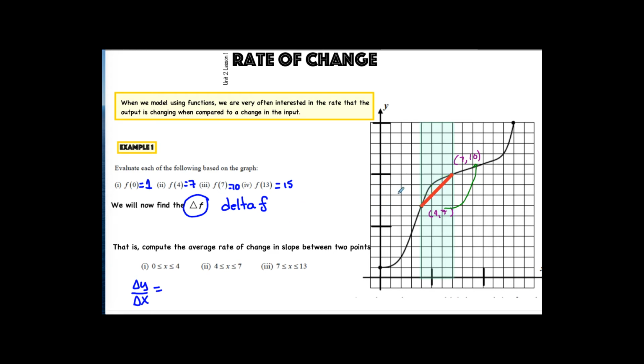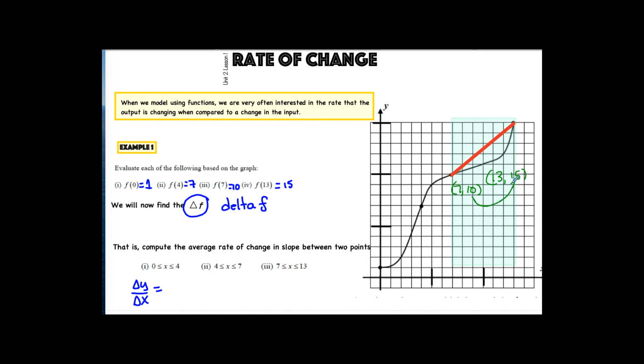And as you can see, the last 2 points, same thing. We are going to expand this. And we want to check what the slope is between those 2 points. When I put a 7 in, out came a 10. When I put a 13 in, out came a 15.